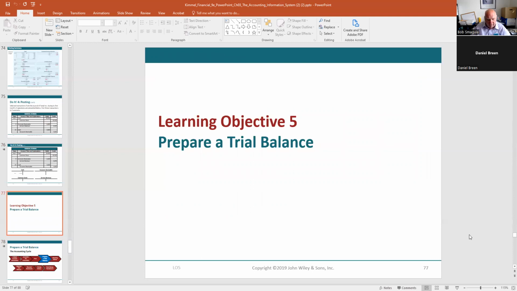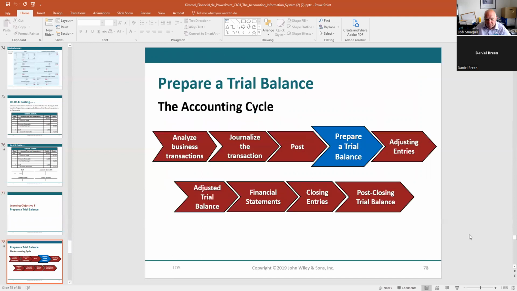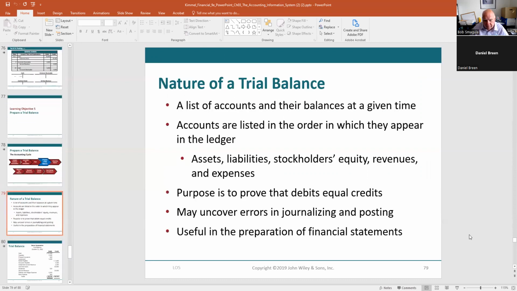Prepare a trial balance. And this is as far as we're gonna go today. We're gonna get into this and be done. A trial balance. It's just a list of all of the accounts and the balances. The accounts are listed in the order they appear in your chart of accounts or your general ledger. They're in order: assets, liabilities, equity, revenues, expenses.